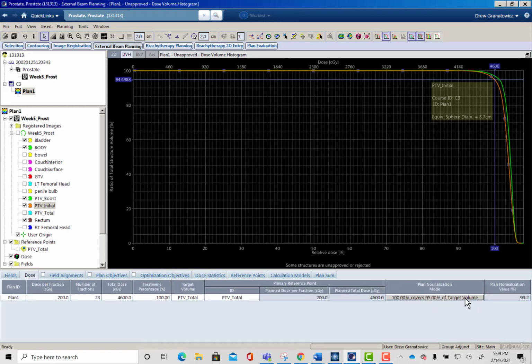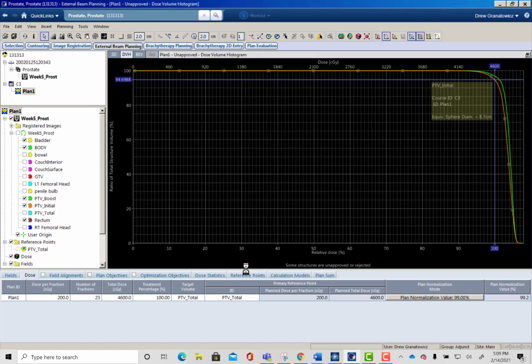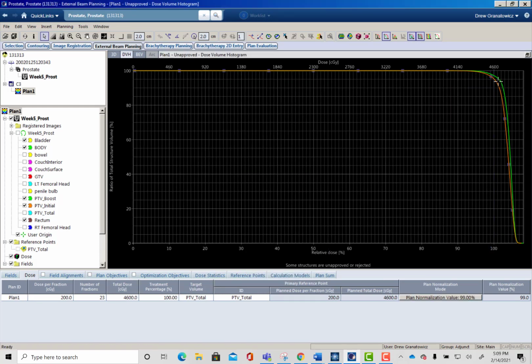So then what I can do is come down here and just normalize a little bit lower. So let's try 99%. 95.2, so over 95. So now we're good. Now both are covered by at least 95%.